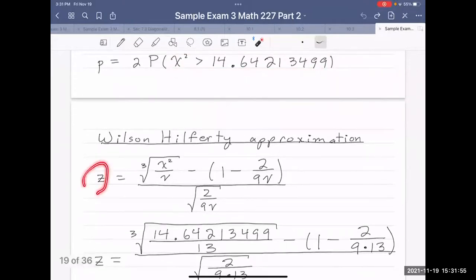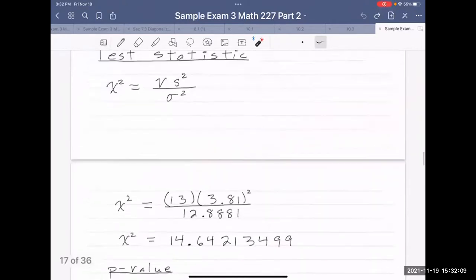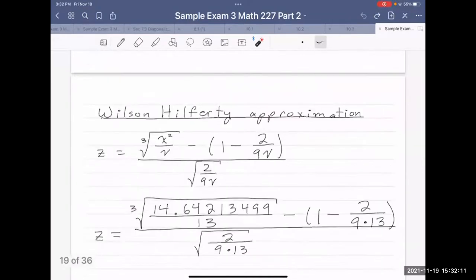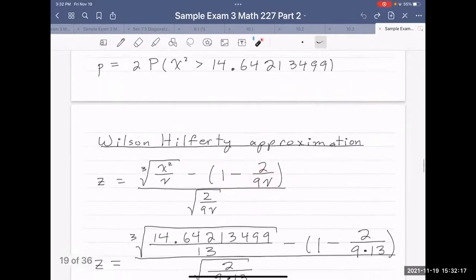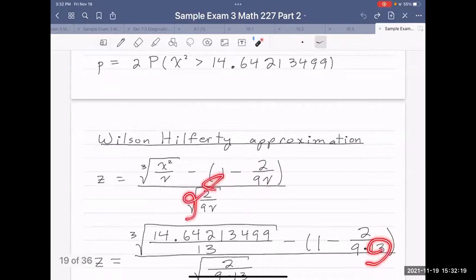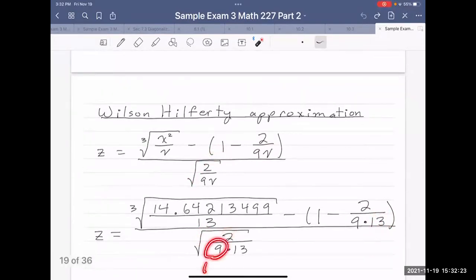And so I have that Z is equal to the cube root of chi-squared, 14.64213499, divided by my degrees of freedom, 13, minus 1 minus 2 over 9 degrees of freedom 13, divided by the square root of 2 over 9 times my degree of freedom 13.